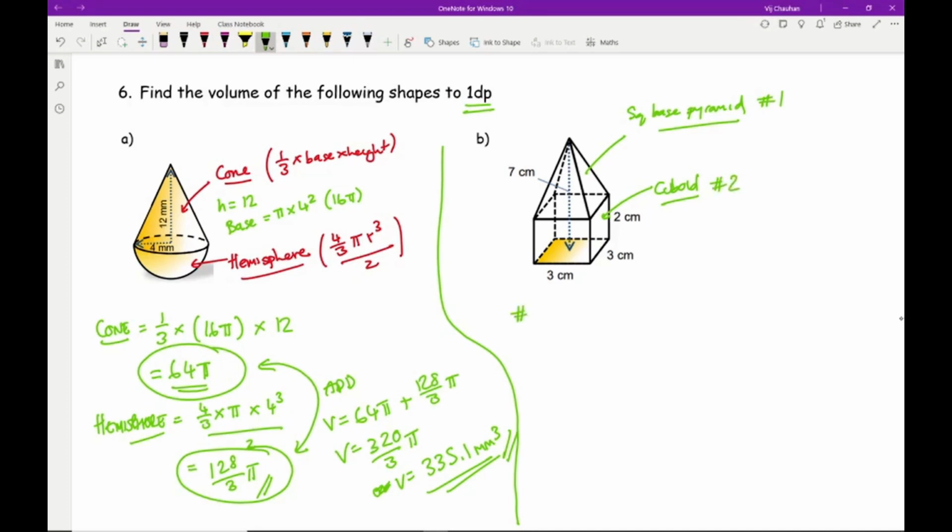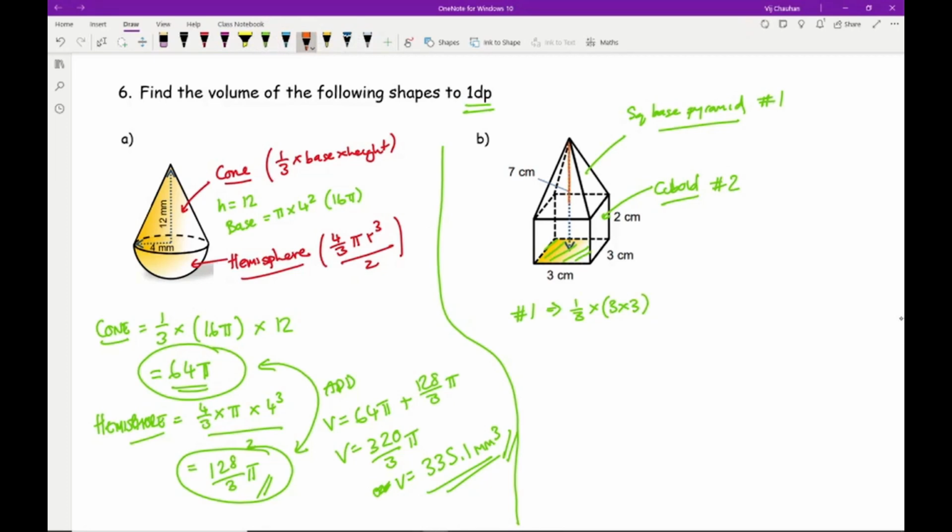So working out the volume of #1, which is a square base pyramid, that's going to be equal to 1/3 times the base, which is this area here, so that's going to be 3 times 3, and I'm going to multiply that by the height. Now in this I need to work out the height of the pyramid, so that's what this length here is going to be.